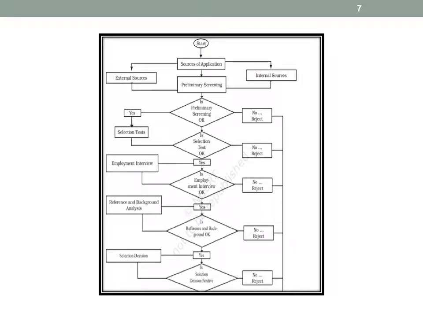When the person passes the tests, he appears in the interview. If the interview is okay, then she is asked for the reference and background check. After that, the selection decisions are made, and those who are selected start with the next steps, and the rest are rejected.